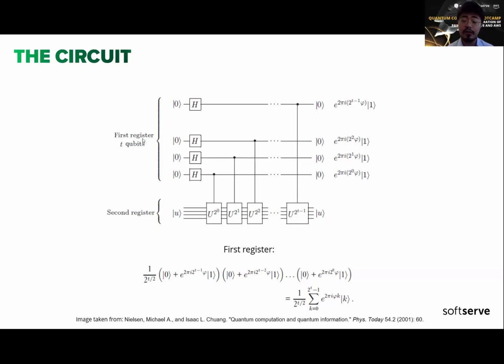We have two registers that we care about. The first register is the first t qubits, which you can also call n qubits. This is just a number, however many qubits you want. And this first register is very important because this defines the precision of your algorithm.